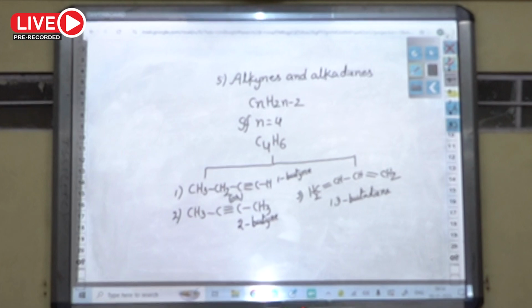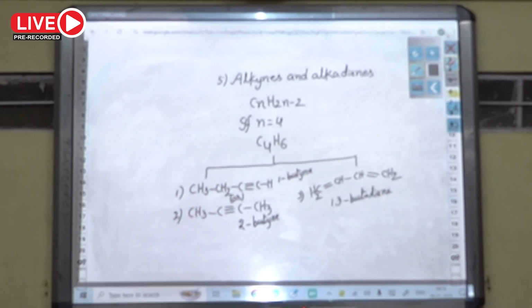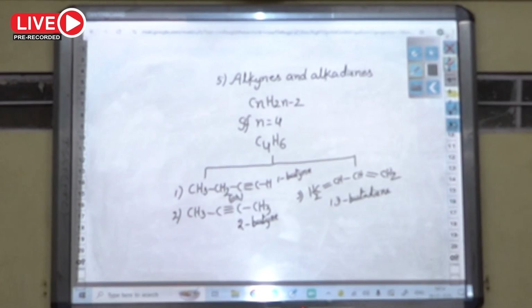So they differ in the nature of functional group. That's why 1,3 or 2,3 represent functional isomerism. 1 and 2 represent position isomerism.